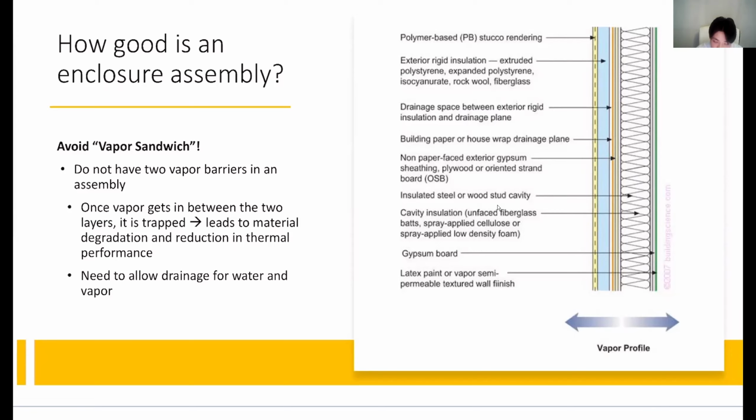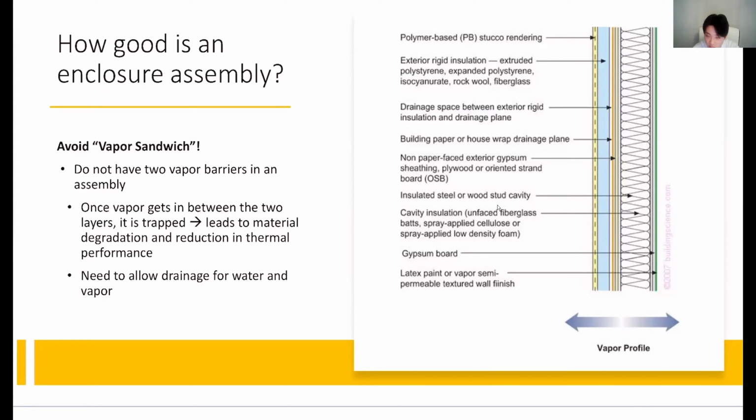There's always a chance for vapor to get inside the building enclosure. But if you have two layers trapping the vapor within them, then once the vapor gets in, it's very hard to find its way out. It's not going to be so smart as to have a brain to find a way out through the same way that it came. So you don't want that to happen.